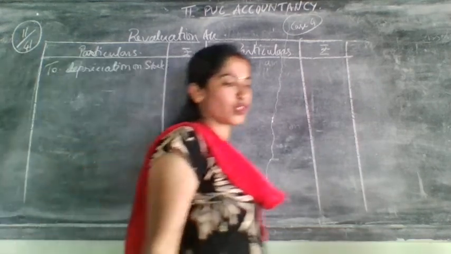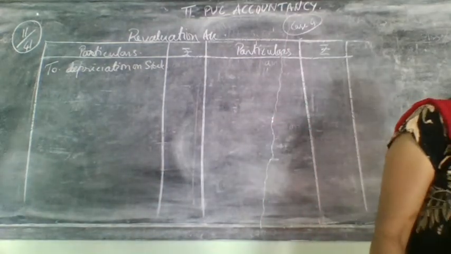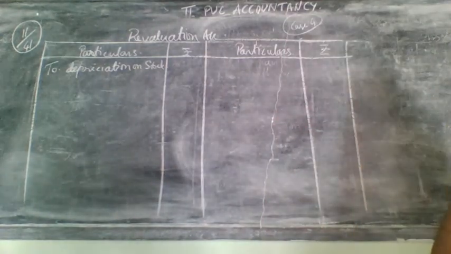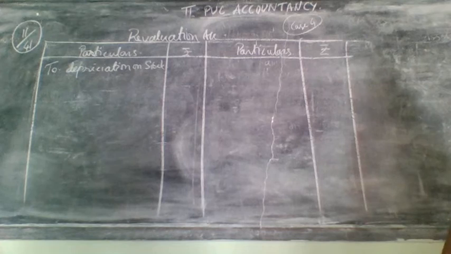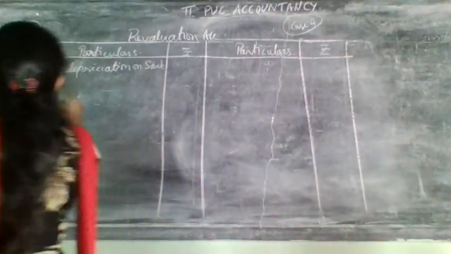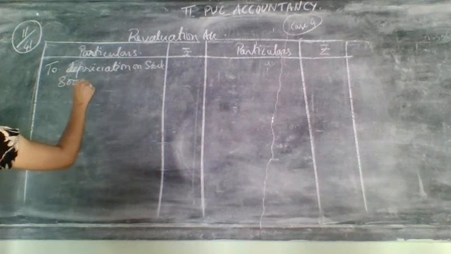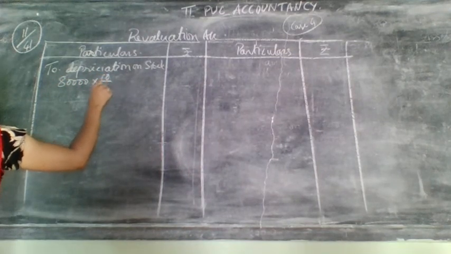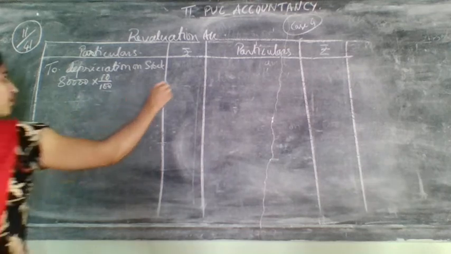What is the value of stock given in the problem? Stock value is 80,000 and the percentage was 10%. So 80,000 into 10 by 100. How much will it come? 8,000.